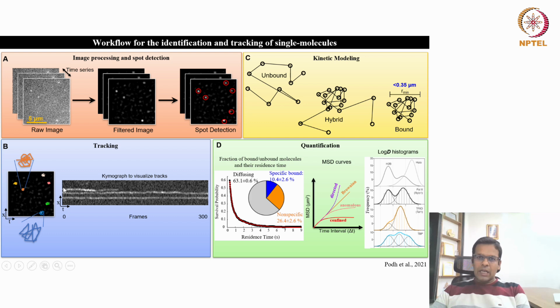You will capture this data for thousands of tracks, and then take the mean residence time, that is, how long these tracks survive. That is known as the survival probability distribution. You measure the residence time of each track and then plot it like this.